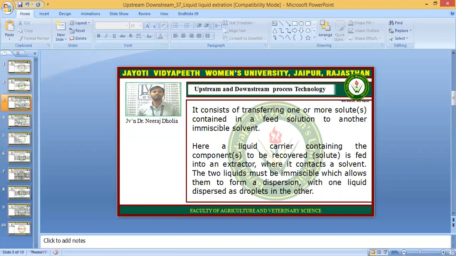Generally it is an organic solvent, like ethanol, methanol, acetone, etc. So they are known as the extractor solvents.